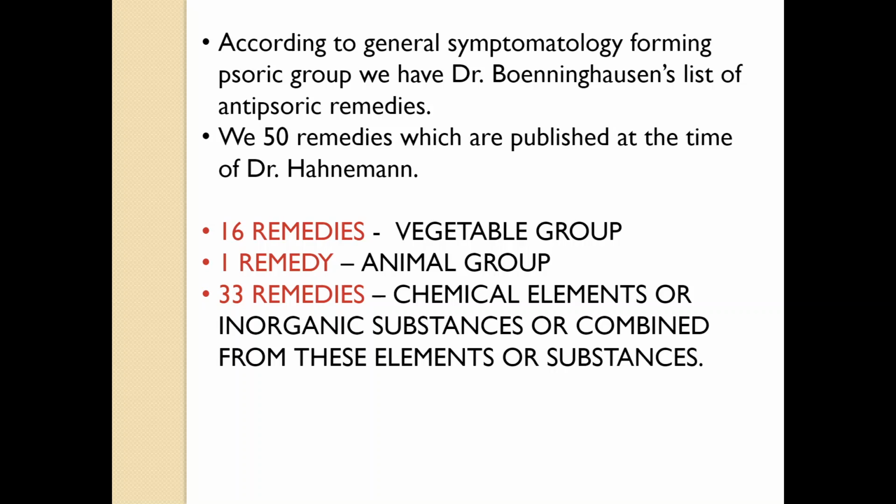So the 50 anti-psoric remedies are divided as 16 from the vegetable group, 1 from the animal group, and 33 the chemical elements or inorganic substances, or they are present in the combined form.